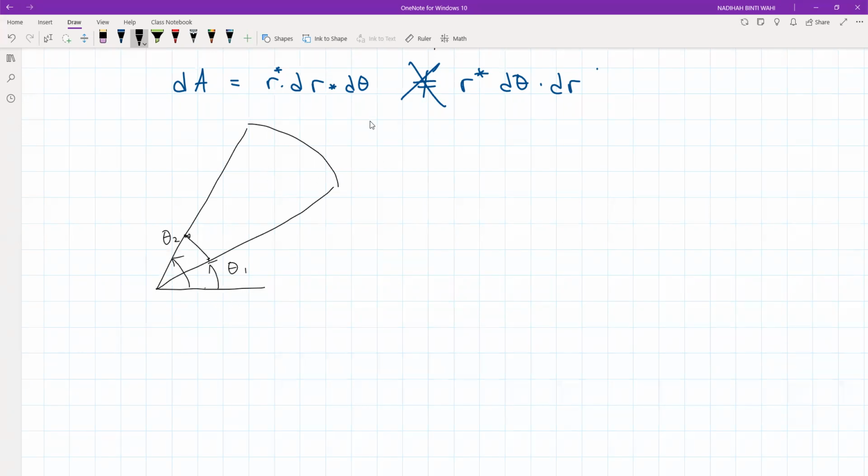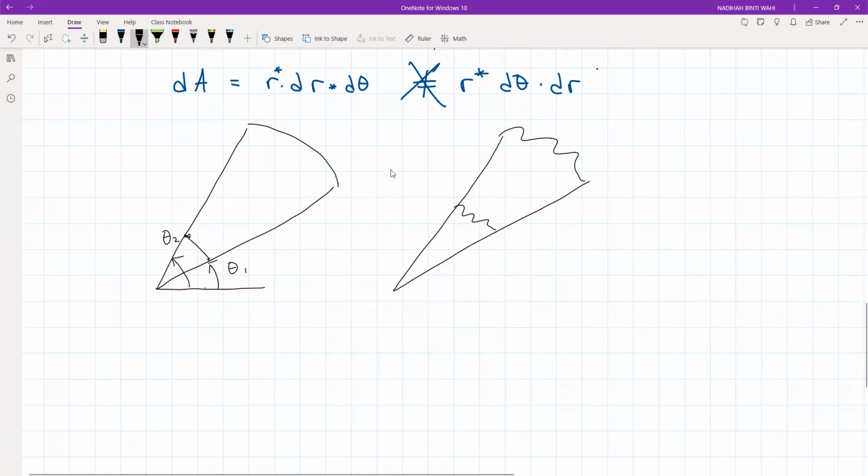Okay, tetapi let's say you have another cake, a piece of cake, macam ice cream sikit. What's the difference, apa beza di antara r1 dengan r2? Okay, the difference is the radius.